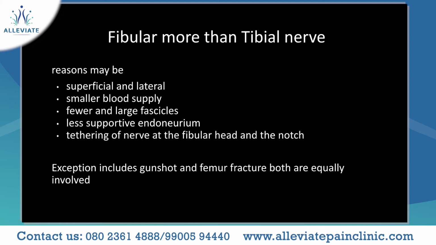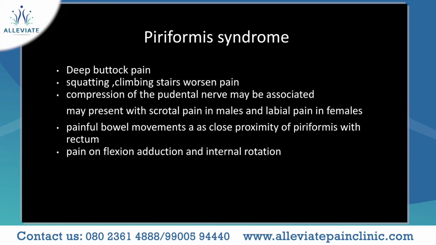It can be affected by direct trauma to that area, because there is only skin and subcutaneous tissue. Exceptions include gunshot and femur fracture, where both divisions, fibular and tibial, are equally affected.